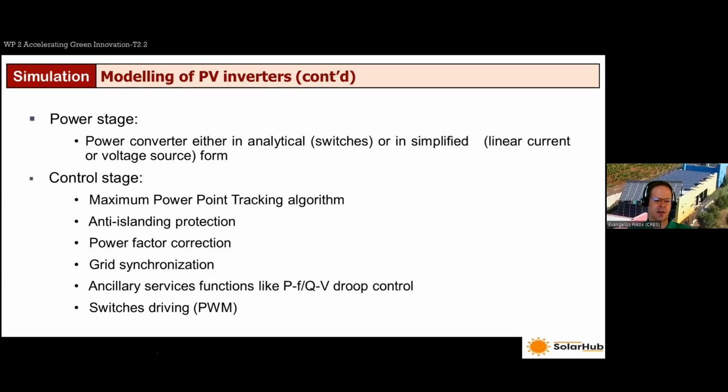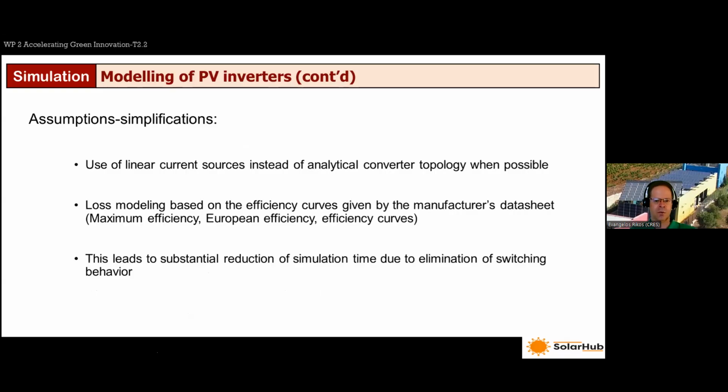Anti-islanding protection, for example, power factor correction, grid synchronization, etc. The developer of a simulation model has to consider or neglect these control stages depending on the study itself, right? They don't have to include all of them.